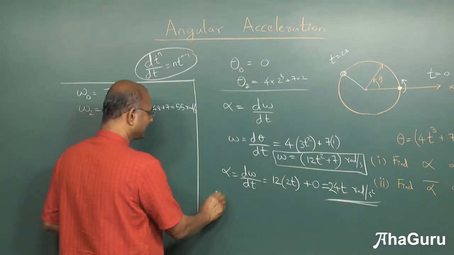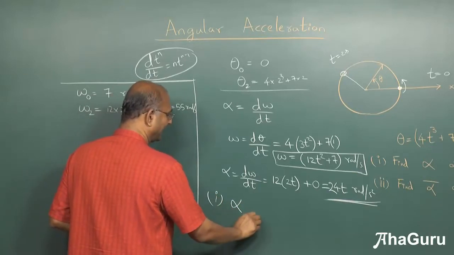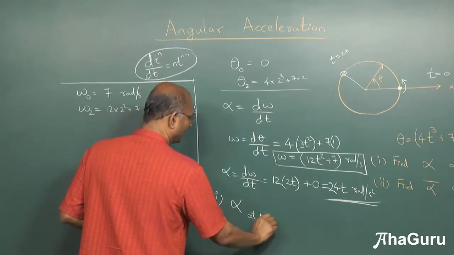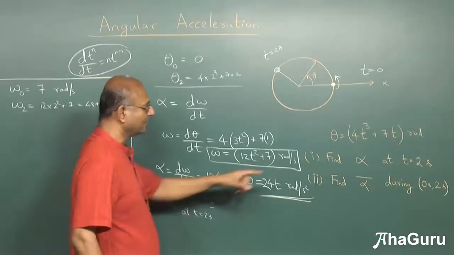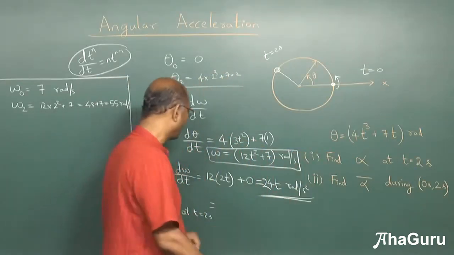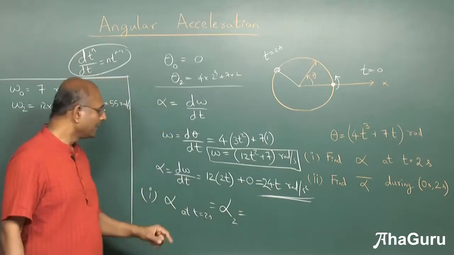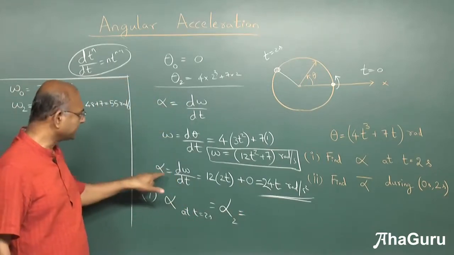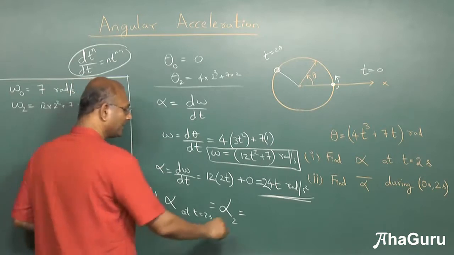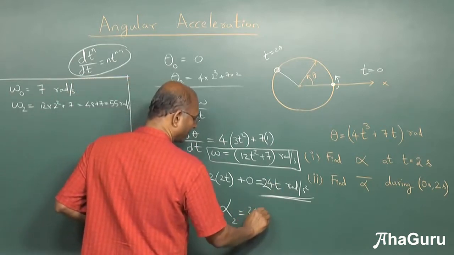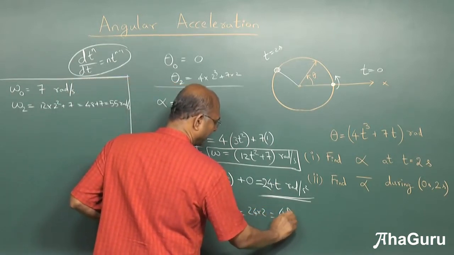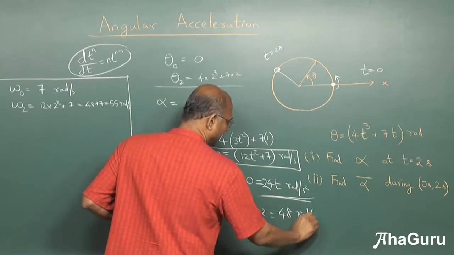The first part of the question is asking us to find alpha at t equals 2 seconds. Right? You want alpha at t equals 2 seconds. I will call it alpha 2. What is alpha at 2 seconds? Substitute. You get 24 into 2, 48 radians per second square.